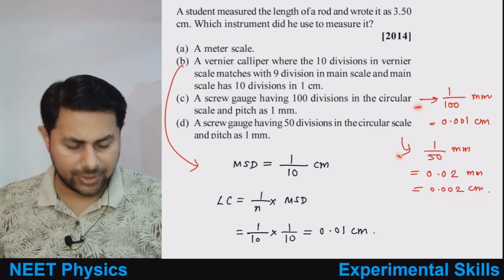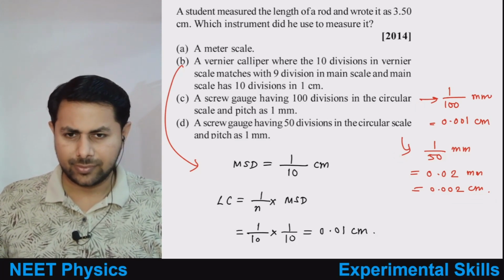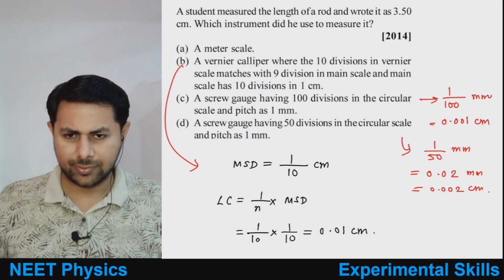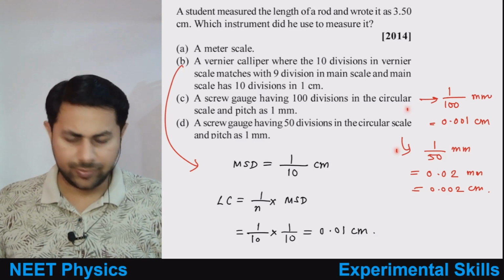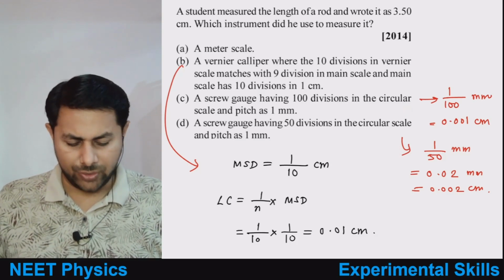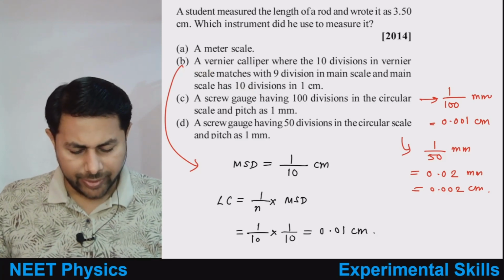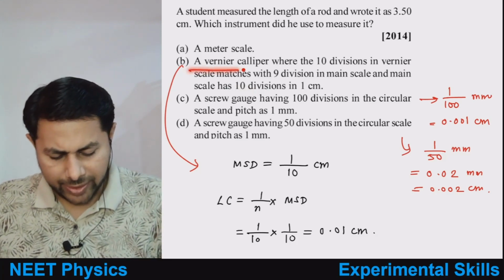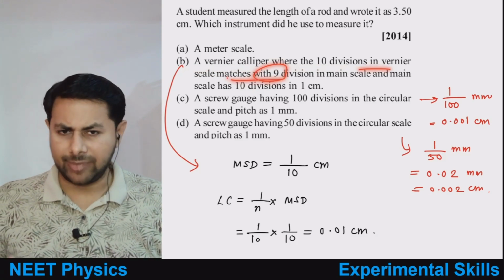Okay, are the last two clear? Tell me. Least count of the last two. Okay, so you have a problem in this one. All right, I will explain once more. You have a Vernier caliper where 10 divisions in the vernier scale match with 9 divisions in the main scale.